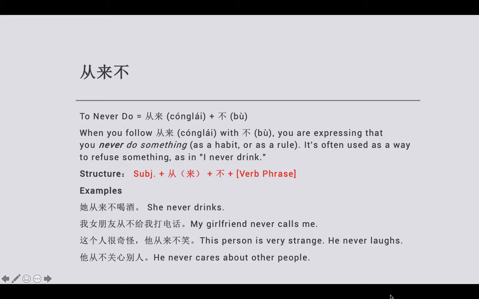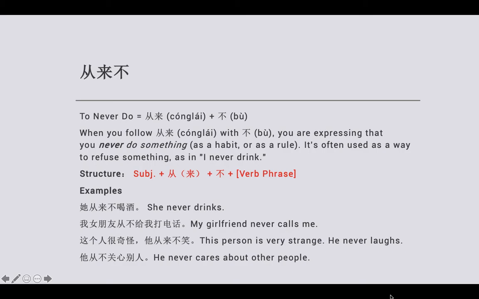And when you follow 从来 with 不, you are expressing that you never do something as a habit or as a rule. It's often used as a way to refuse something, as in I never drink, 我从来不喝酒. The structure is that you put the subject, and then 从来, and then 不, and then the verb.